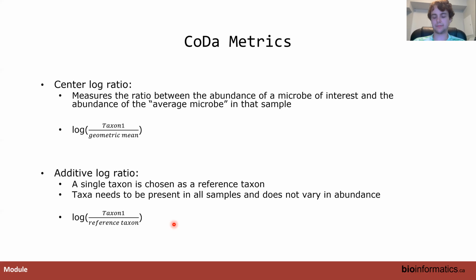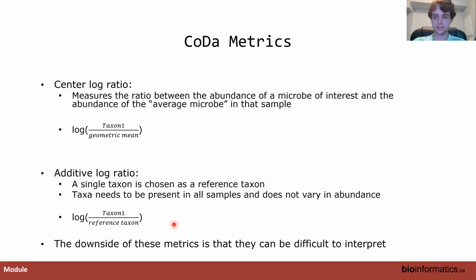While CODA methods have been extremely useful, there are some downsides, and one of those is that it can be very difficult to interpret what the actual meaning of the results are. For example, in the center log ratio, it's not quite clear what is meant by the average abundance of a microbe in the sample. What is that abundance exactly?